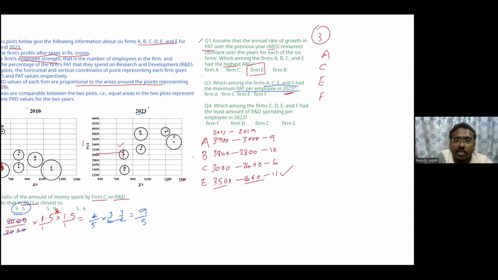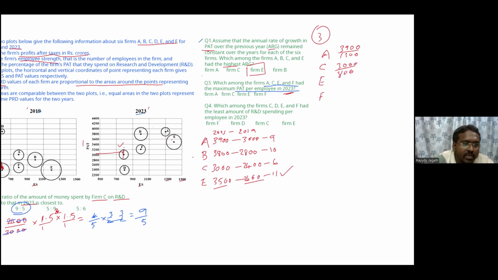A is having 3,900 divided by 1,300 employees. C is having 3,000 divided by 800.